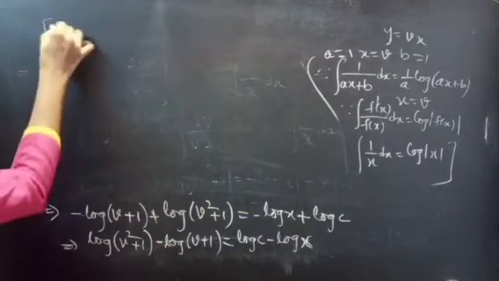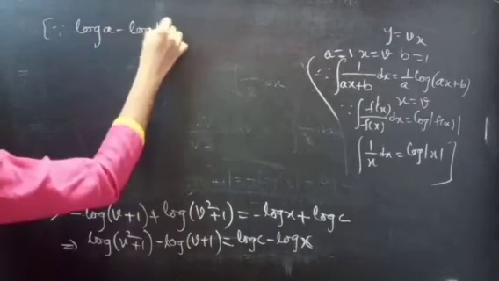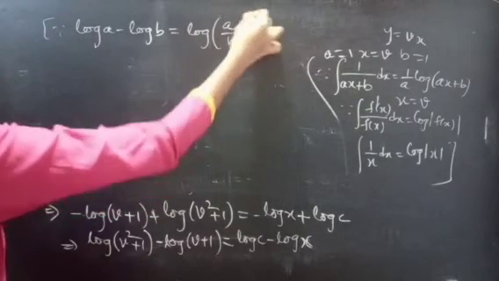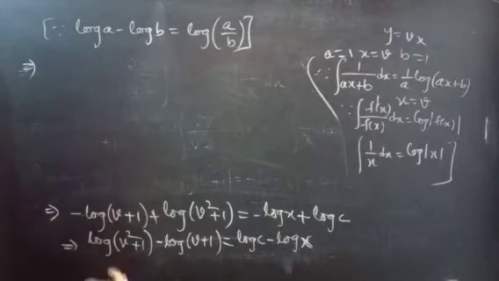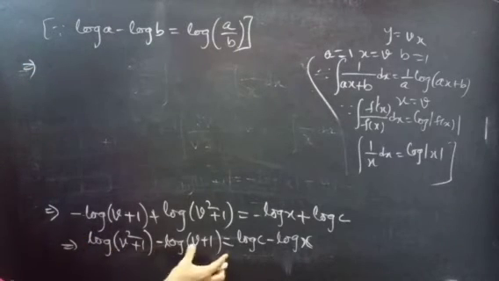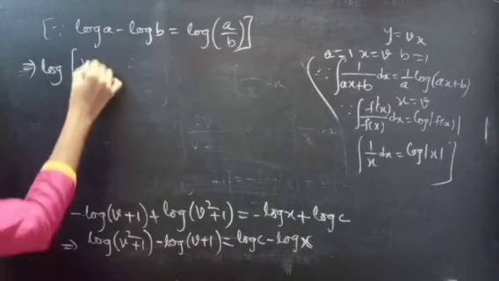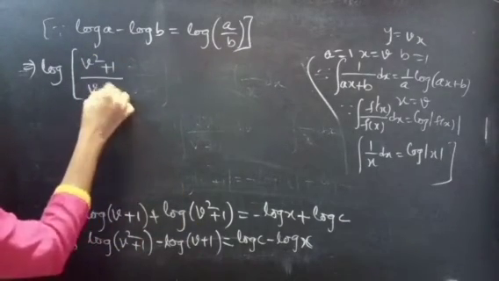Since we know that log a minus log b equals log a by b, this becomes log a minus log b equals log a by b, for a equals v square plus 1 and b equals v plus 1.